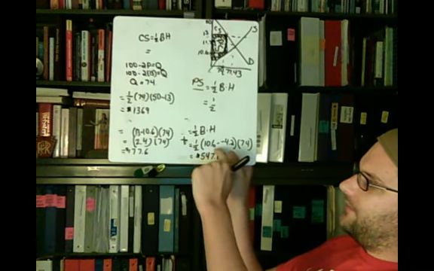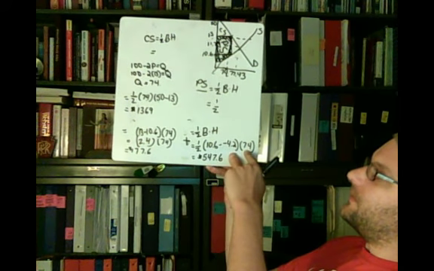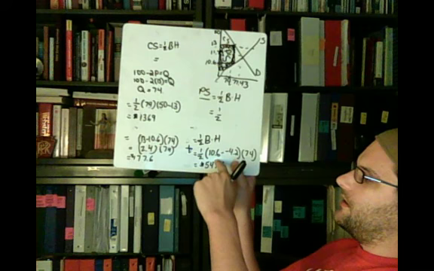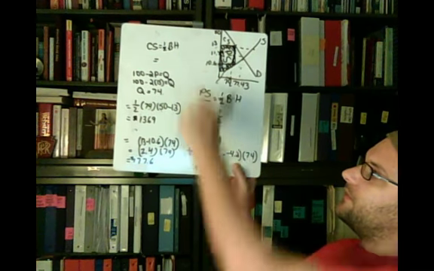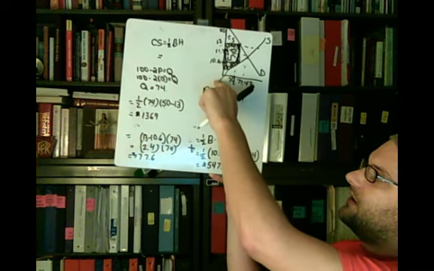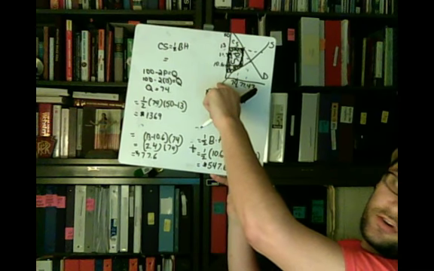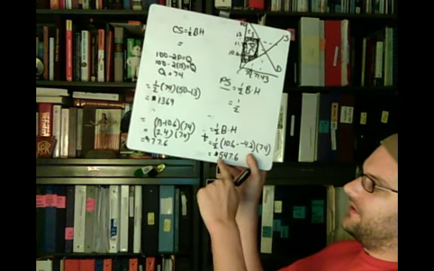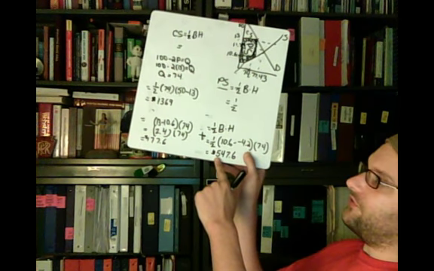That was 1/2 base times height. The height being the easy part, still just 74. The base being the difference between 10.6 and negative 4.2, or 0 if you'd use 0 as your price. So now I'm going to add these two together, and that's going to be my total producer surplus.